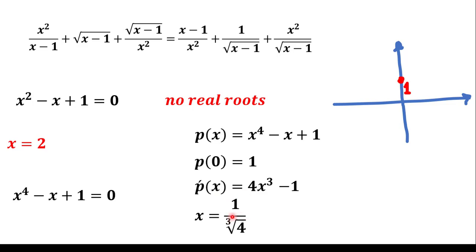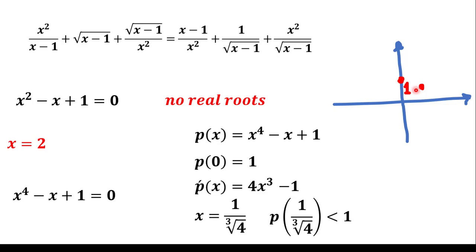If we put x equals 1 over cube root of 4 in p of x, we get p of 1 over cube root of 4 less than 1. So the second point should be in here.